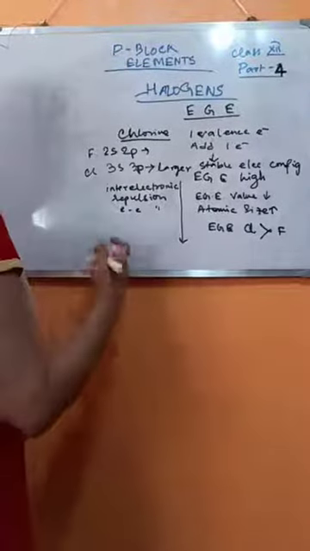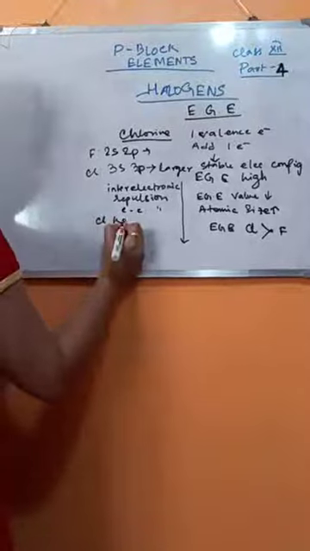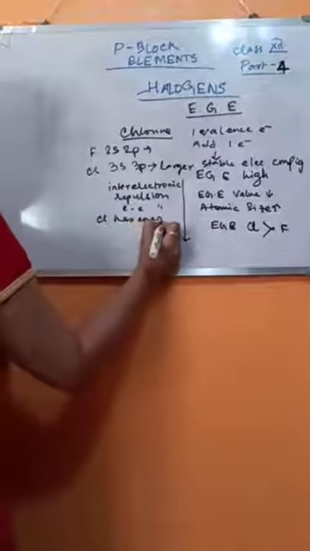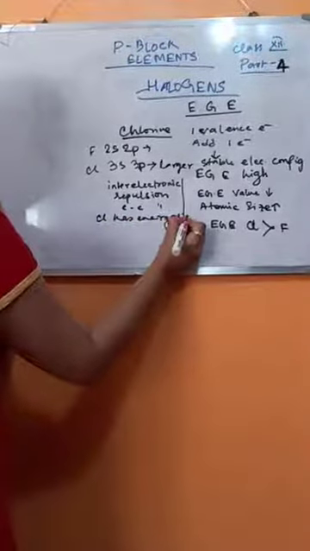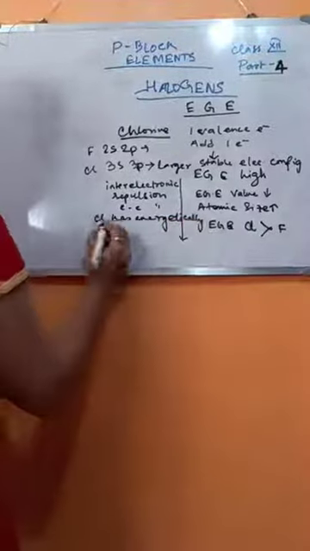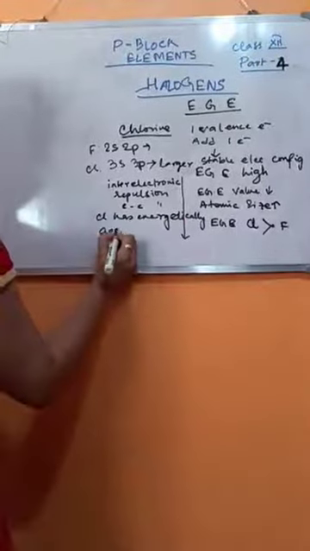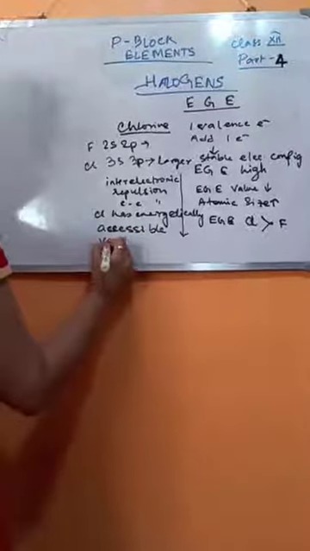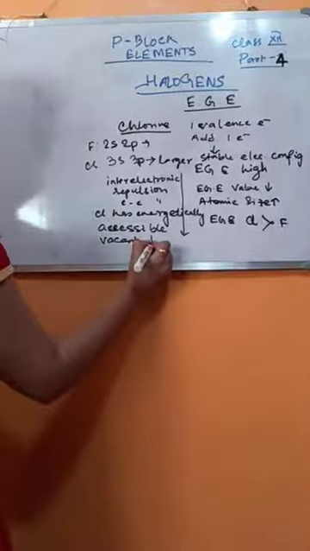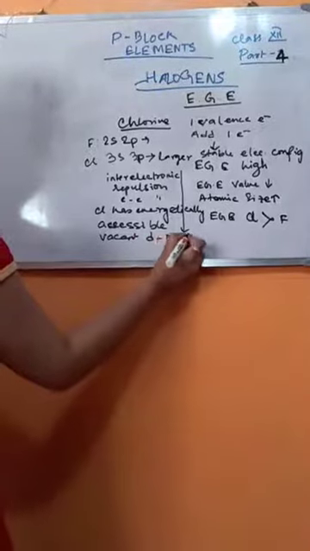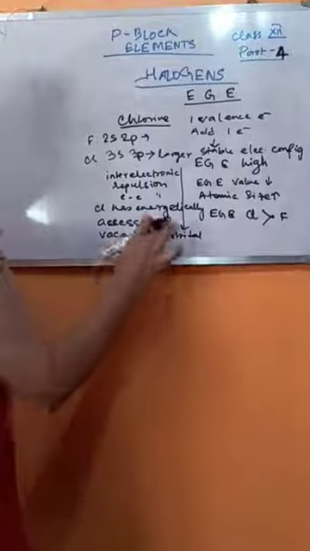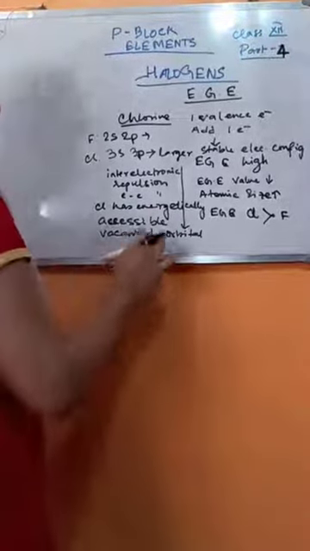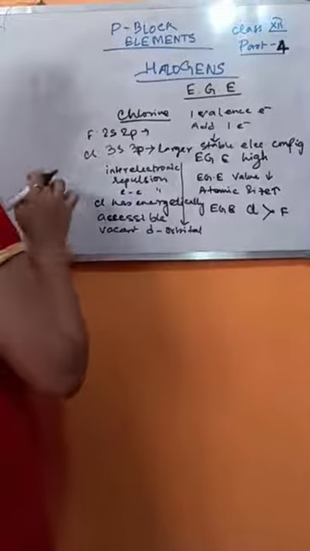It will be less in case of chlorine. Also, another important point, chlorine has energetically accessible vacant d orbital. Energetically accessible vacant d orbital is present in case of chlorine.